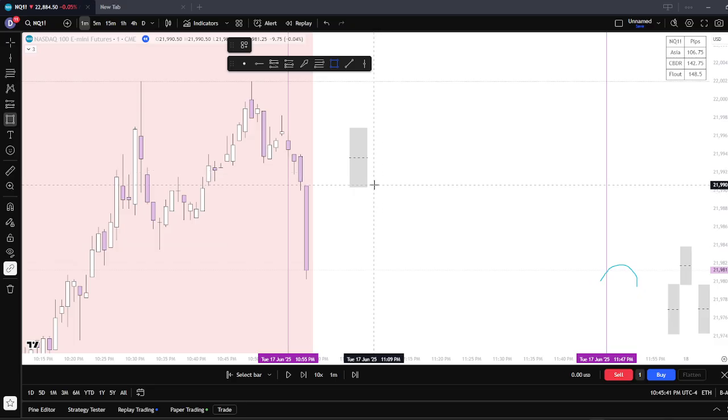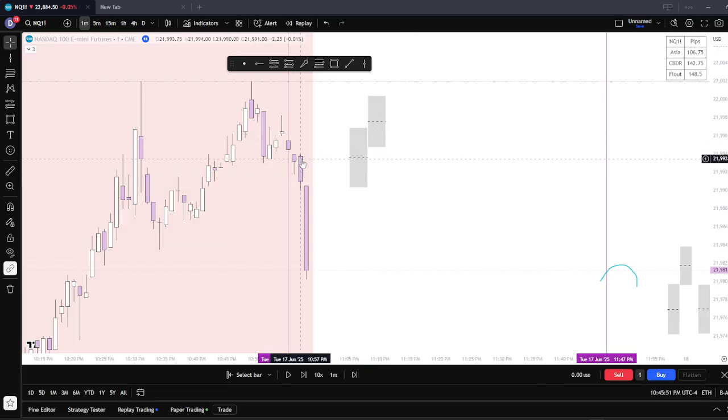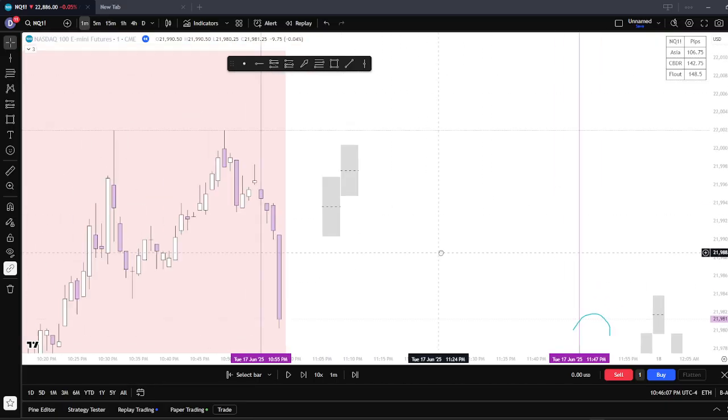Oh, sorry. The second candle, right here, is bearish. It can be that. But why is this not a swing high? Because we have three bearish candles. It has to follow just a rule of thumb.